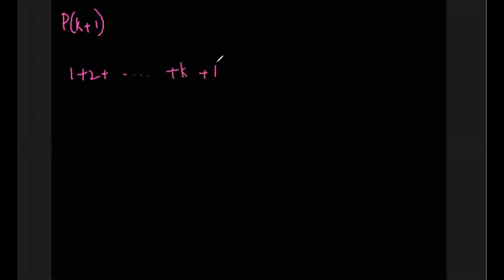So P of k plus 1 is taken as 1 plus 2 plus and so on up to k plus 1, which will be equal to, instead of our formula n into n plus 1 by 2, we substitute k plus 1 for n.